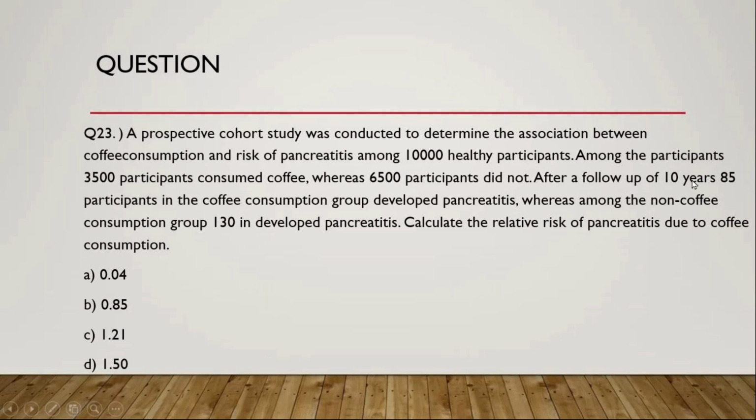After a follow-up of 10 years, 85 participants in the coffee consumption group developed pancreatitis, whereas among the non-coffee consumption group, 113 developed pancreatitis. Calculate the relative risk of pancreatitis due to coffee consumption. Options are: option A 0.04, option B 0.85, option C 1.21, and option D 1.50. So solve the question and answer.